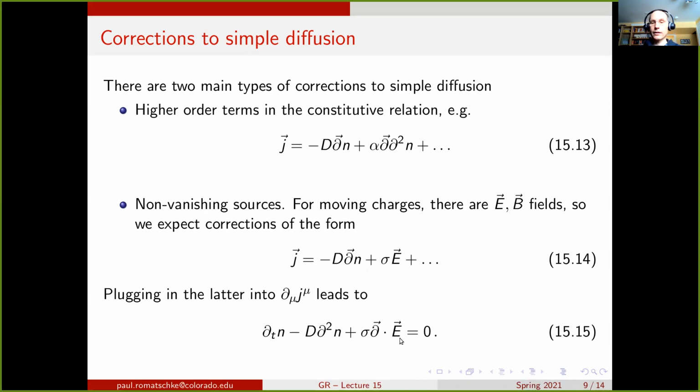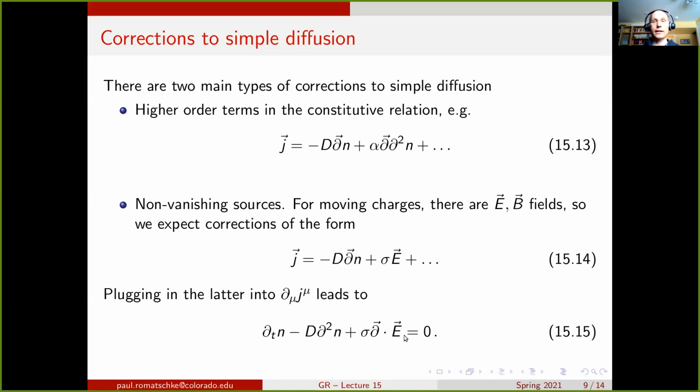So this is a term that one expects has to be there, and it just follows naturally from this effective field theory framework. As you can tell, the simple diffusion equation only involves n. This equation here involves the electric field. So you can read this in two ways.